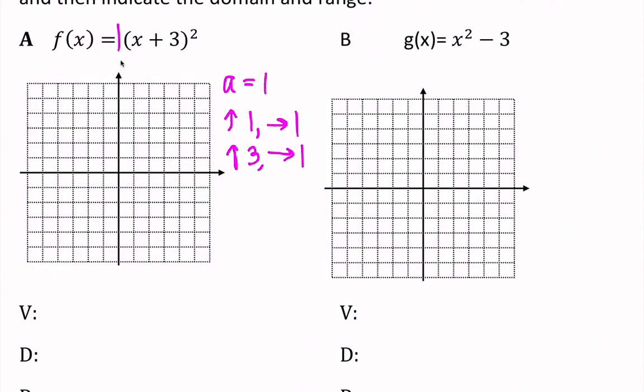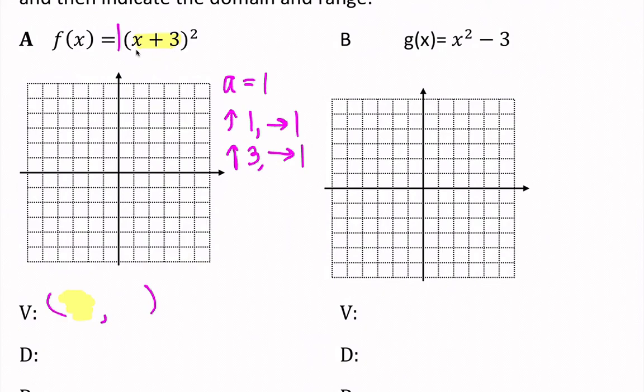Okay, so now I'm going to show you how you find your vertex. Guys, a vertex is an x comma a y. For the x of my vertex, I look in my equation inside the parentheses with the x. Inside the parentheses with the x, I see a positive 3.